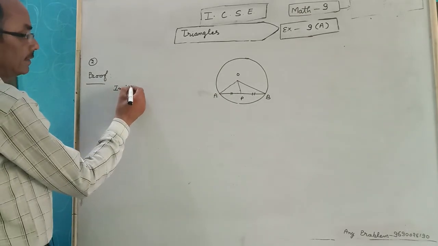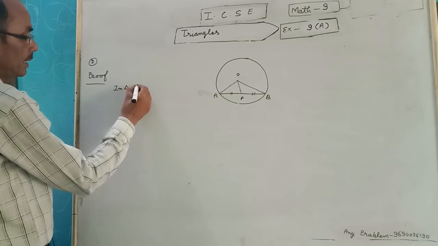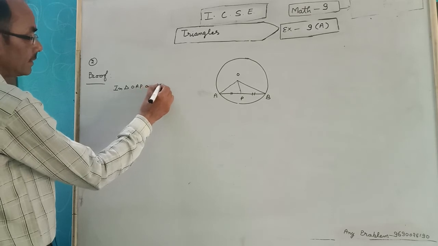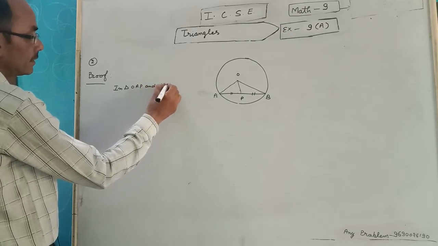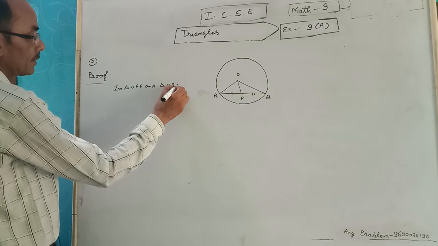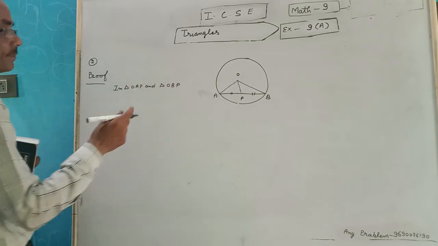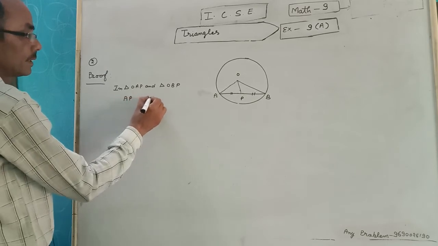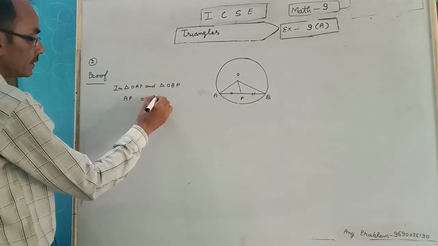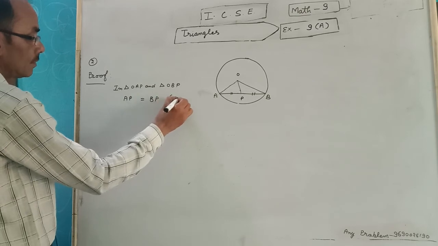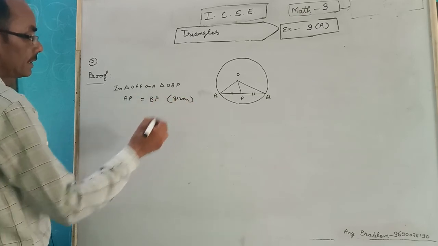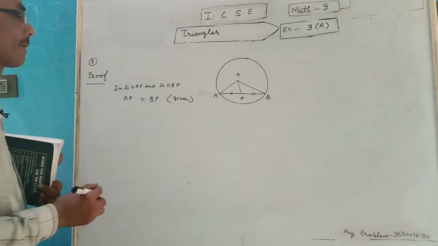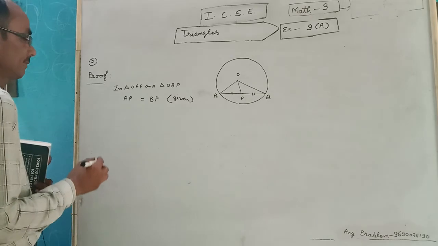In triangle OAP and triangle OBP, AP is equal to BP. Why is given in question because P is midpoint of the AB.